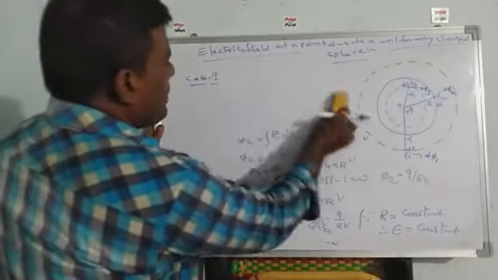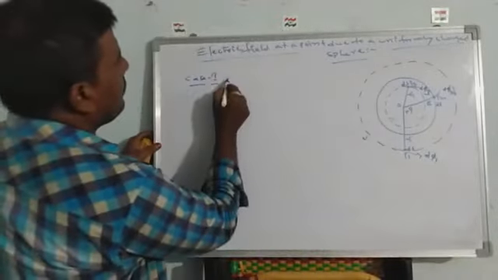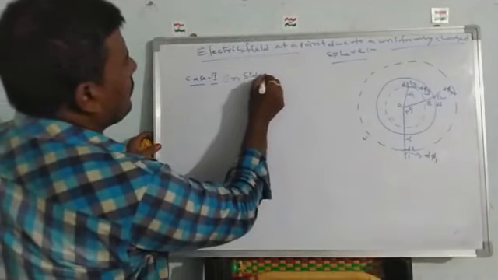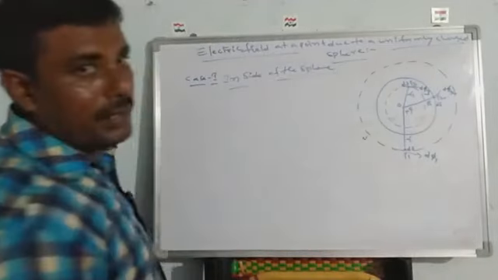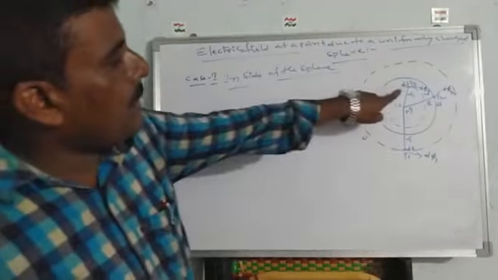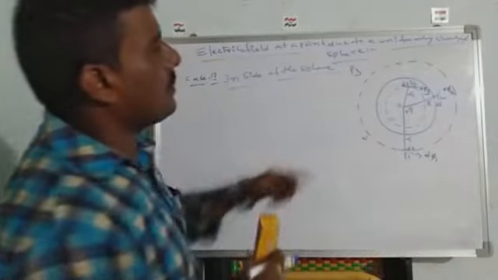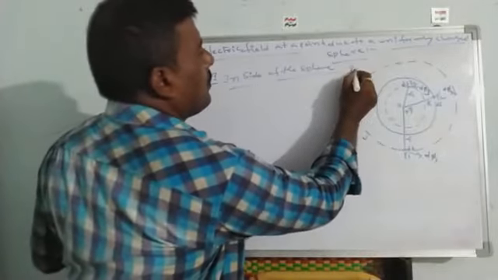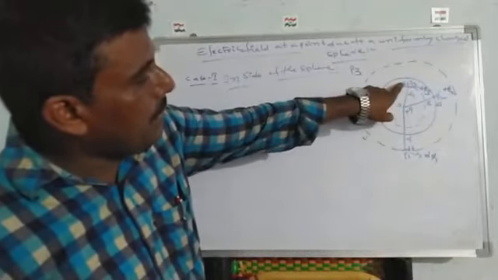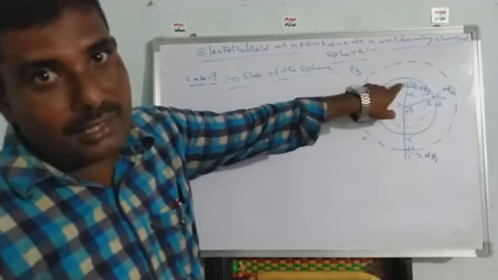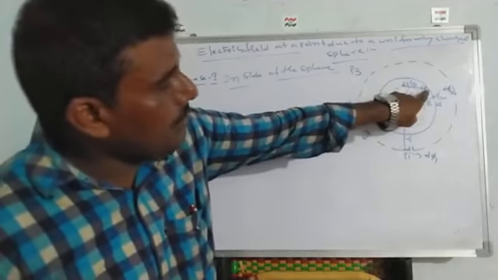So the third case, inside of the sphere. Clearly P3 is the considering point at an elemental area ds. The area is the same elemental area and the flux is d phi 3.